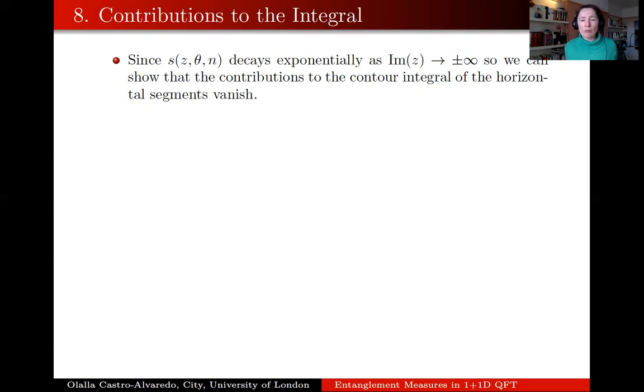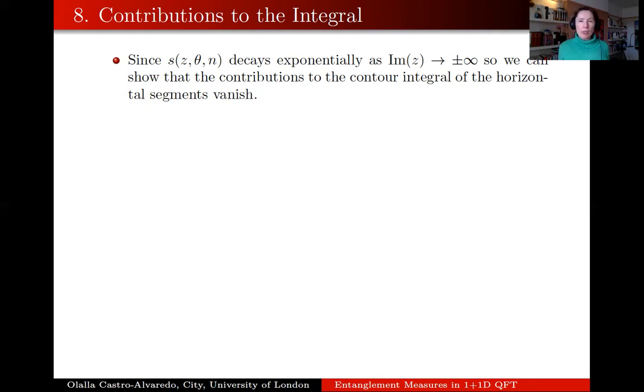Now, this condition comes out of nowhere. I can only tell you that this is essentially equivalent to saying that these form factors go to 0 when theta goes to infinity. And this is a quite natural property for these two particle form factors that we are using here.